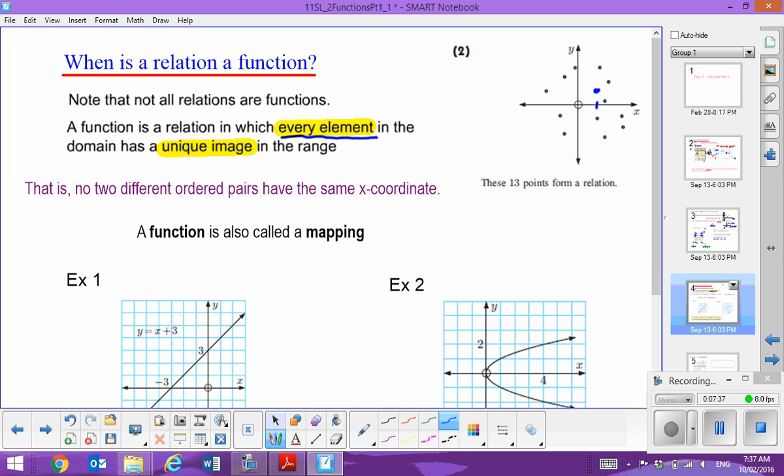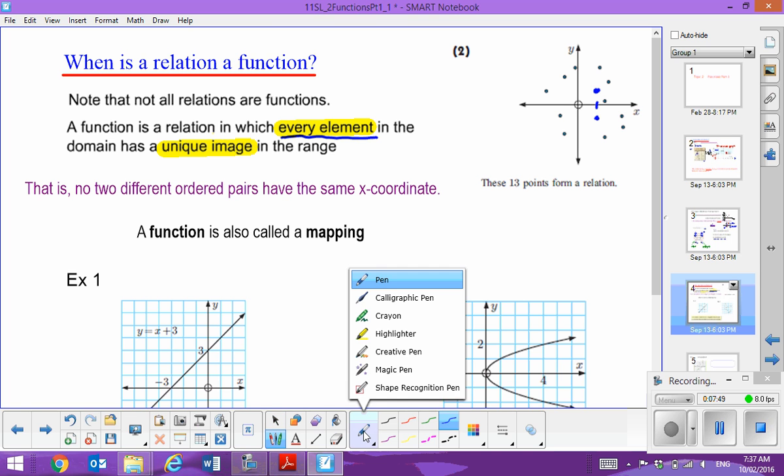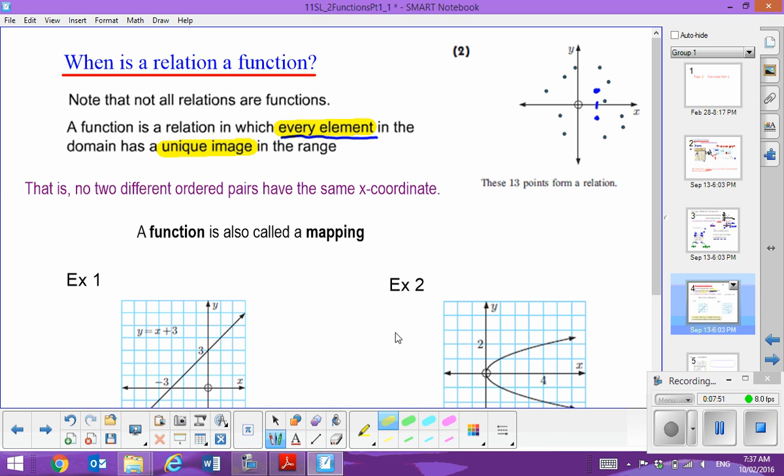And do these have the same x value? They look pretty close. So these 13 points form a relation, but if we're going to say that no two different points have the same x coordinate, then we're going to say that in this situation, we've got these two have the same x value, so this is not a function.